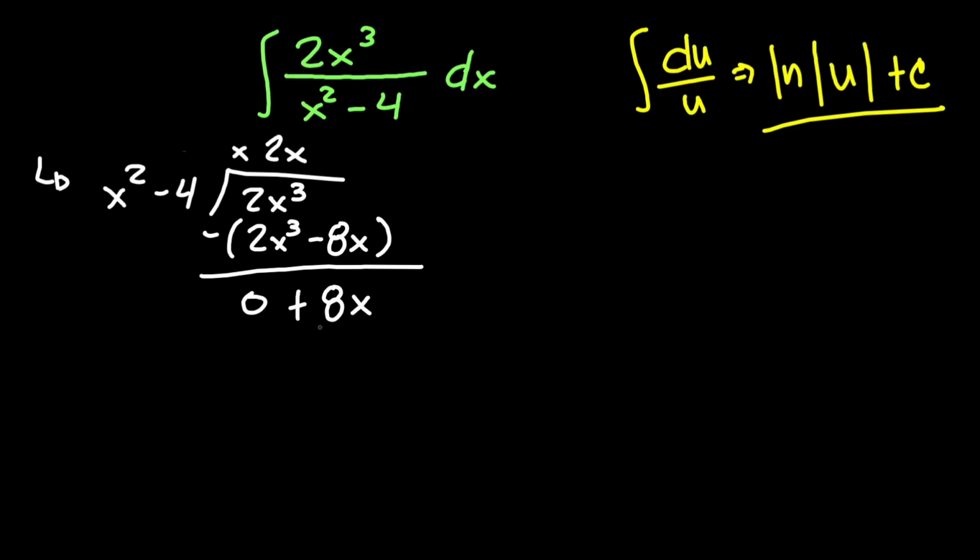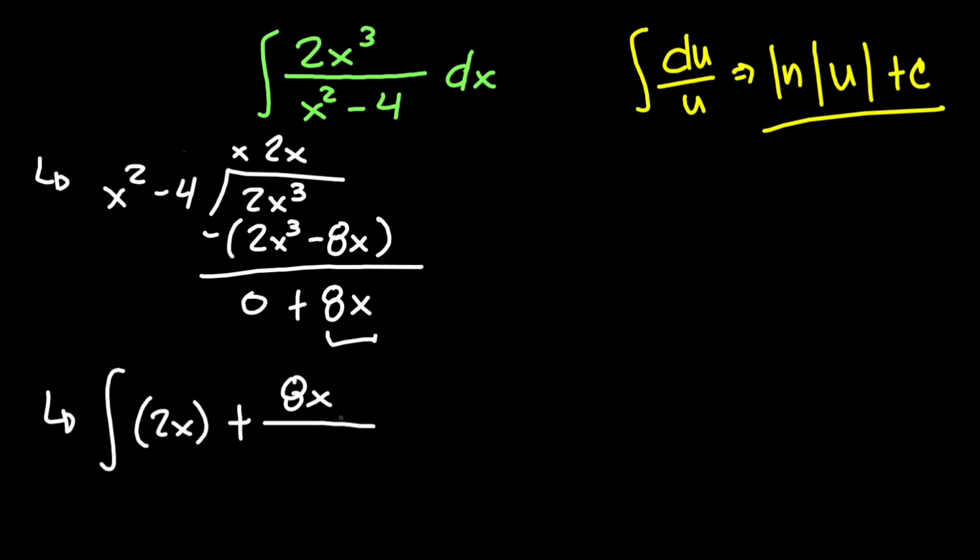And so, your remainder is only 8x because you cannot divide 8x by x squared any further. So, your form of integral would look like this. The integral of 2x plus, because this is positive, the remainder, which is 8x over x squared minus 4, of dx.